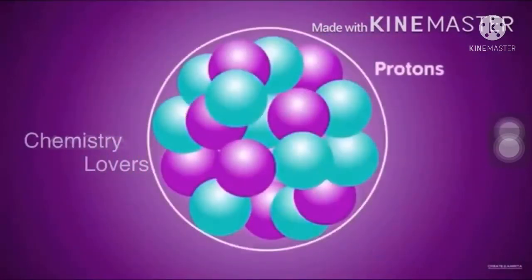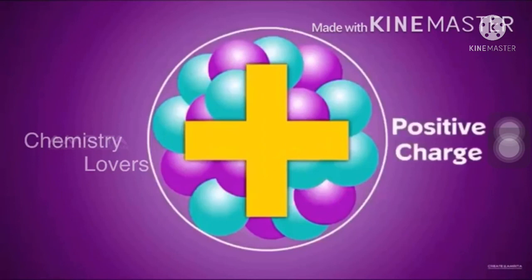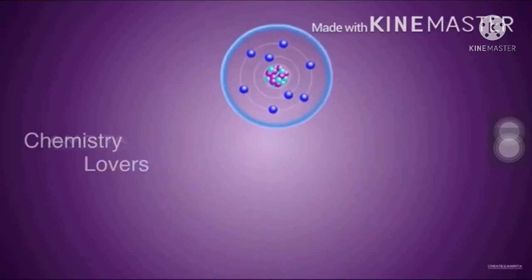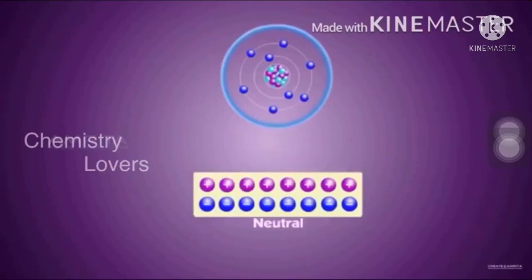An atom has a central nucleus which is made up of protons and neutrons, where protons are positively charged and neutrons have no charge, so the nucleus is positively charged, and protons and neutrons are collectively called nucleons. Electrons are negatively charged and are located around the nucleus. The atom has the same number of electrons and protons, so we can say that the atom is electrically neutral.